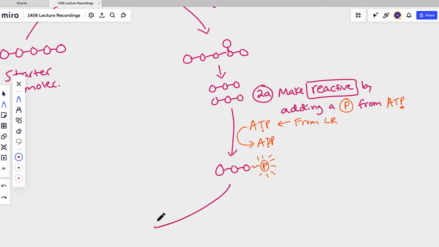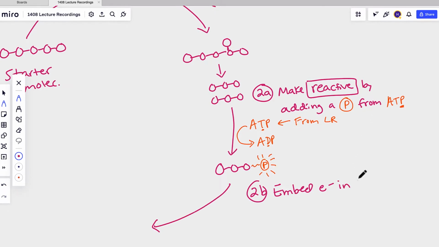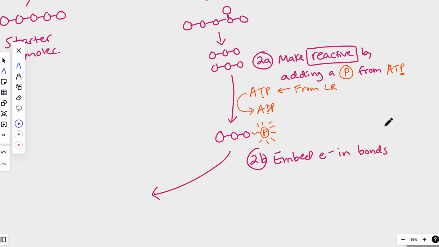How's this going to work? Well, we're going to embed electrons in the bonds. And the general strategy is you're going to switch out the phosphate that you just stuck on there for electrons.